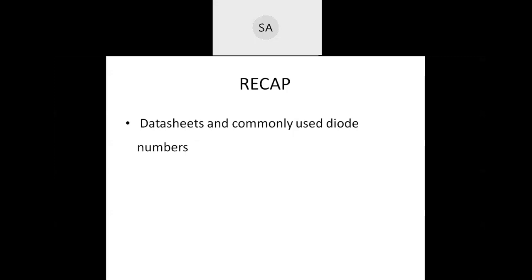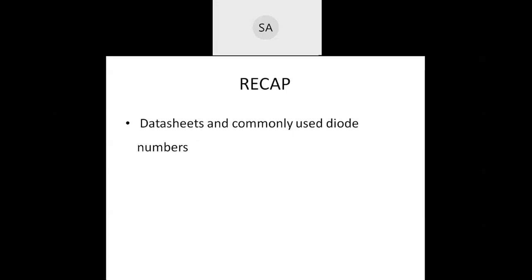We also discussed the commonly used diode numbers for the applications of clamping, holding, peak detection, time delay circuits, fast switching, radio detectors, high speed switching, military and industrial applications, variable capacitors, FM tuner and frequency controlling.